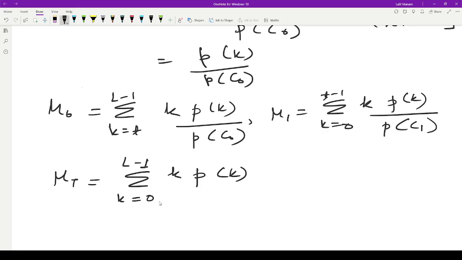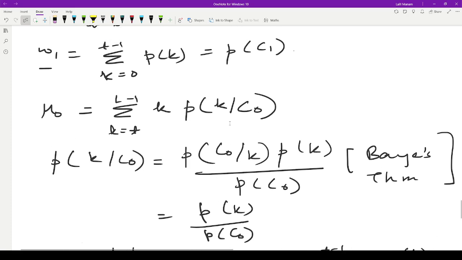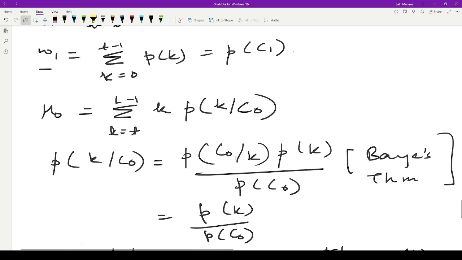Since the probability of C naught given k was 1, because if you want to find the probability of C naught given that k, all the k points belong to C naught, so it will obviously be 1, right? Because if you see the summation range, all the k values lie in the C naught class only.